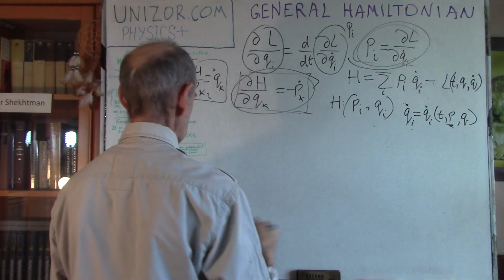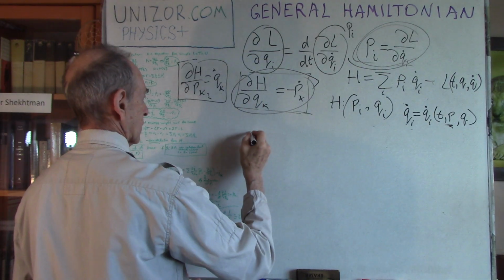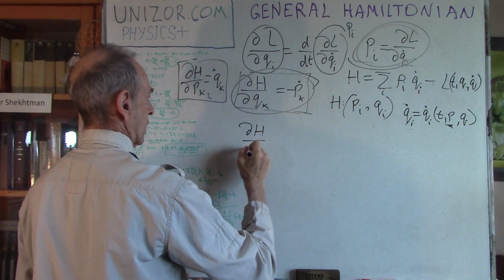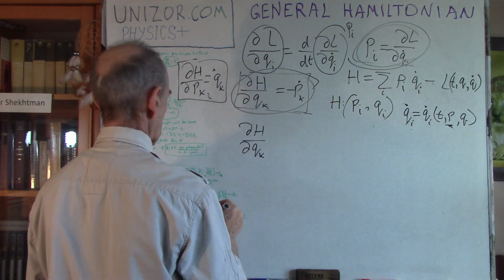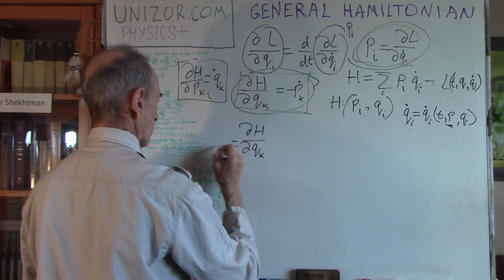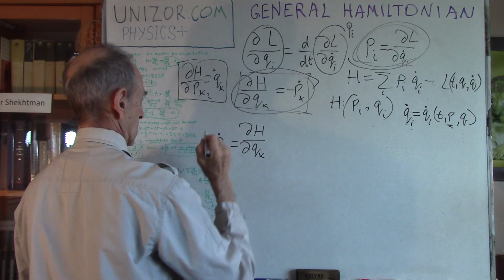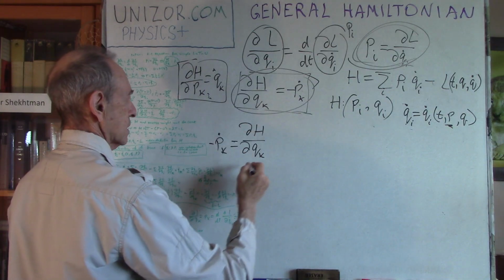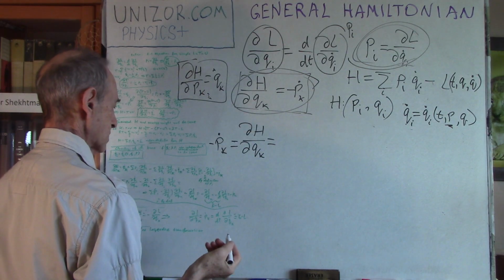Well, that's basically the same thing as before, I'll just write it differently. So dH by dqk, as we know, is equal to minus pk dot, right? We assume this on one hand. On another hand, let's just think what it is.